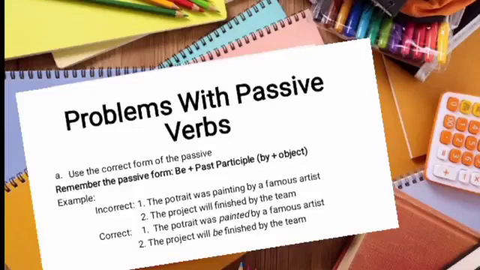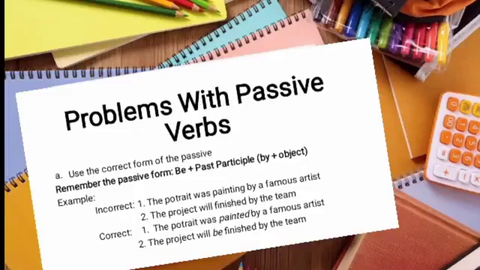For example, in a correct sentence, let's see the first example. The portrait was painted by a famous artist. Let's remember again the form: be, verb 3, and by and object.